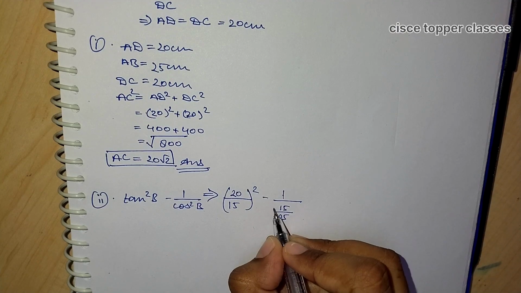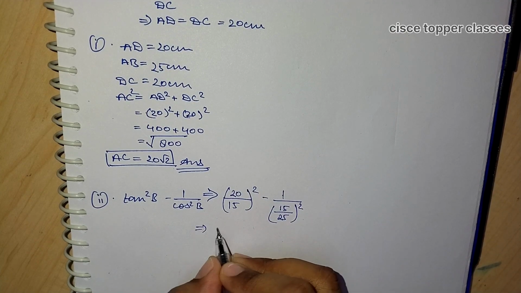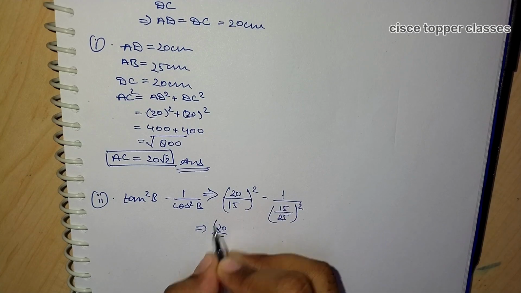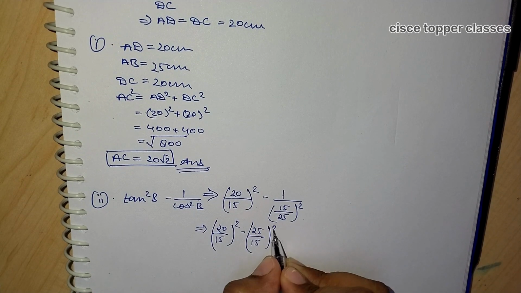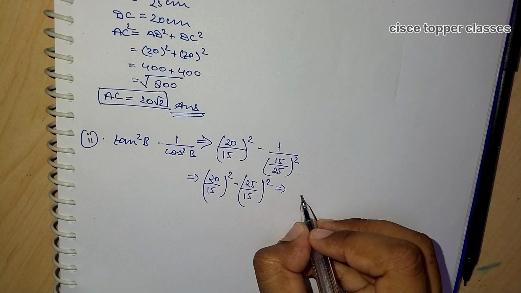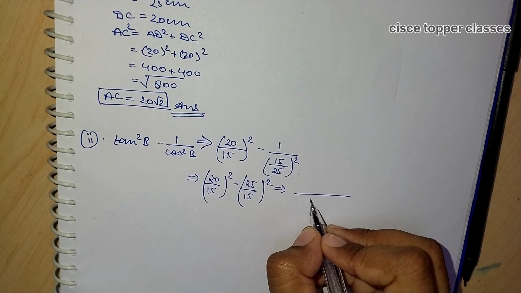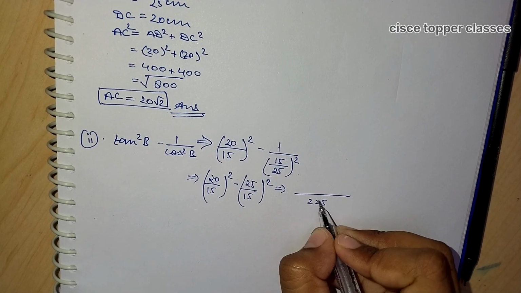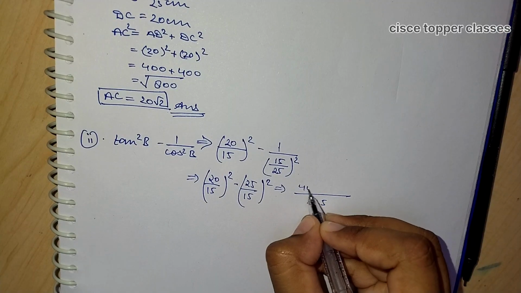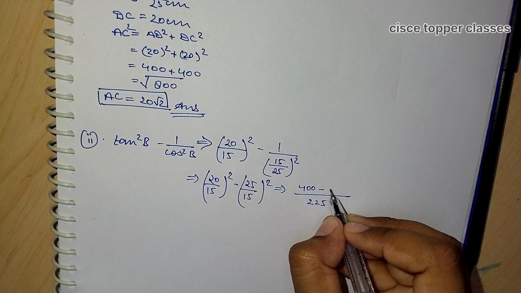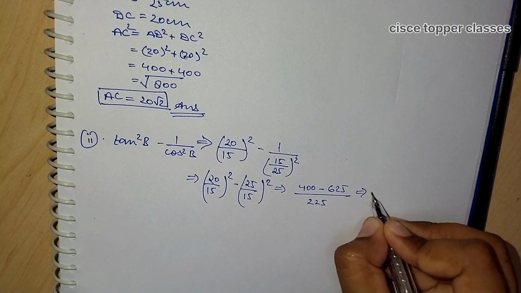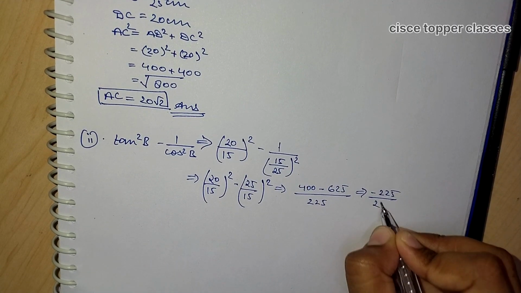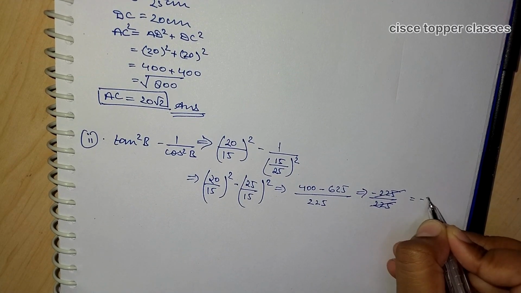So this will be (20 by 15) whole square minus (25 by 15) whole square. So here we can write this part with 225 as LCM, and 20 square will be 400 minus 625. So on calculating this part, it will be minus 225 divided by 225, means minus 1 is the final answer.